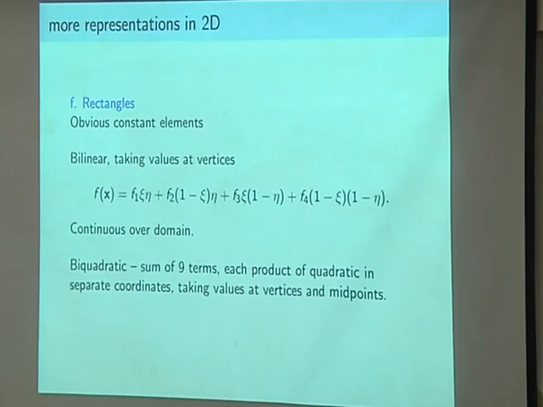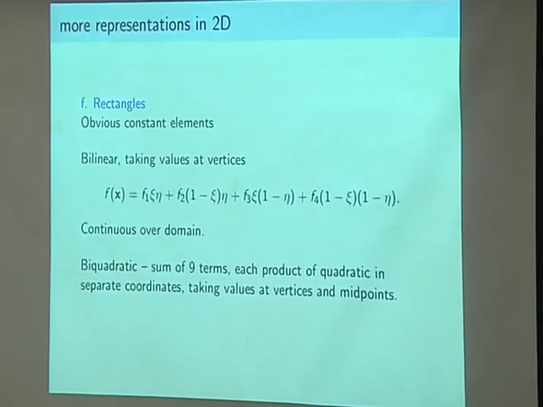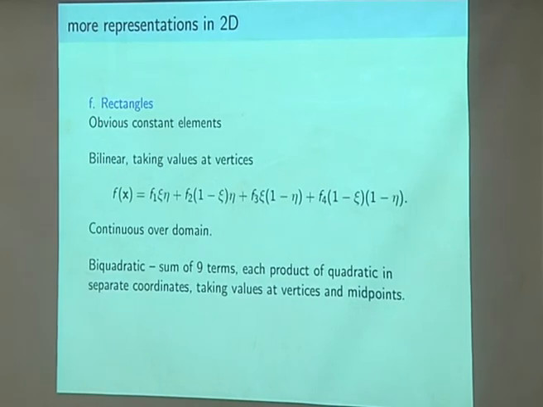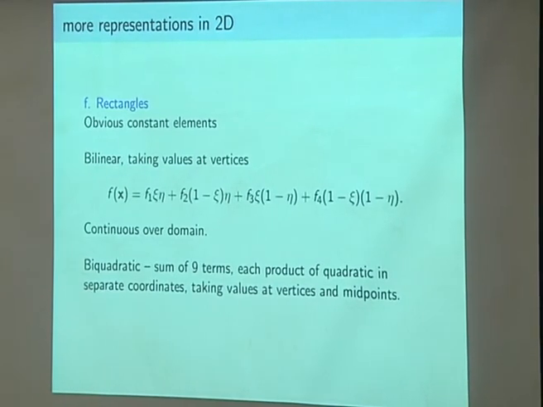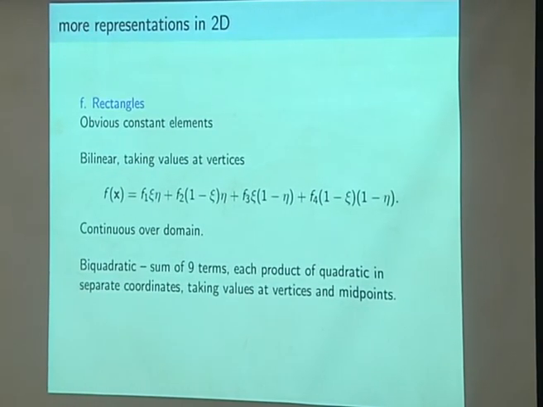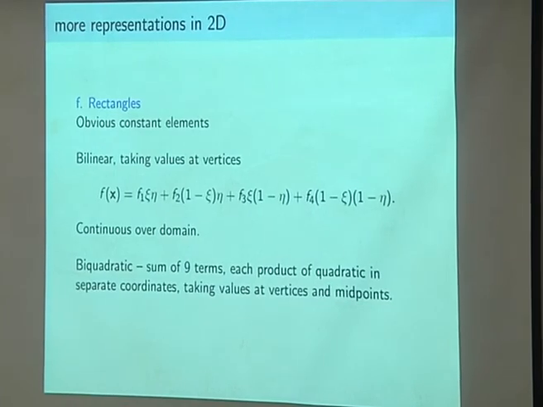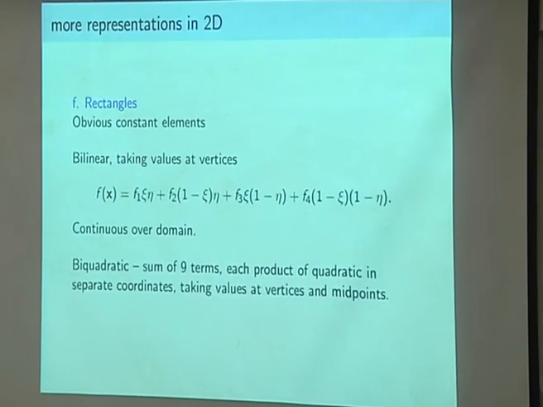Okay. There's a biquadratic, which would be a sum of quadratics in xi and quadratics in eta.